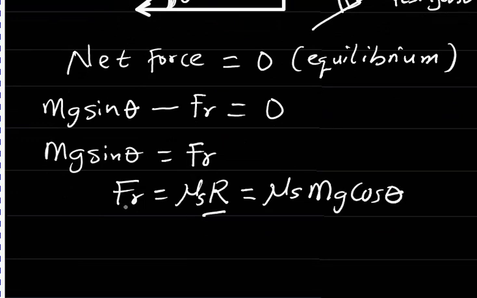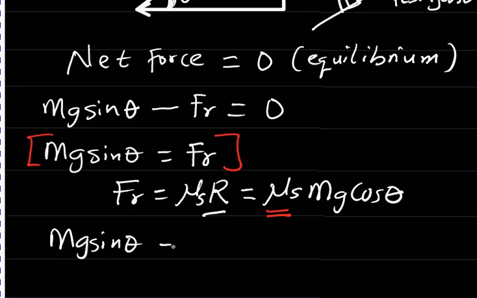So let's bring it here to this expression, because the whole idea is for us to find the coefficient of static frictional force. So I have that mg sine theta is equal to the frictional force, which of course is the coefficient of static friction mu s multiplied by the normal reaction, which is mg cos theta.